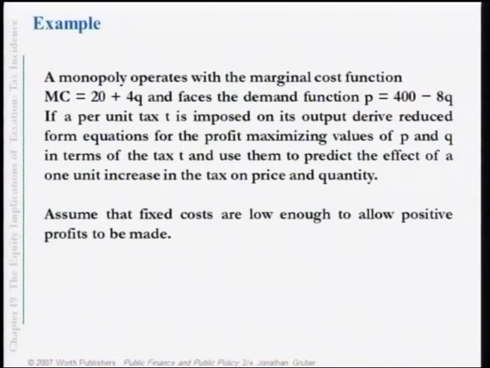We are going to determine the profit maximization price and quantity for the monopolist, and then when the government imposes a per unit tax, how much the price and the quantity become at profit maximization.